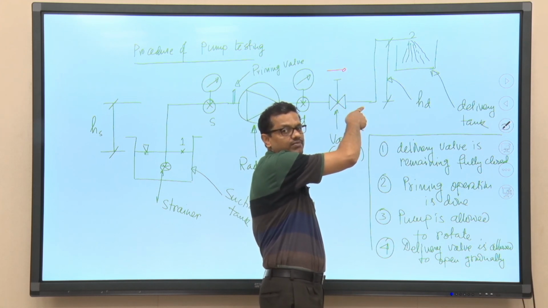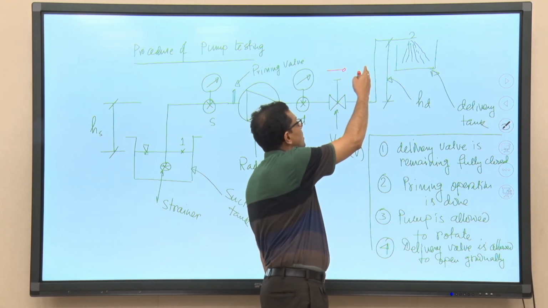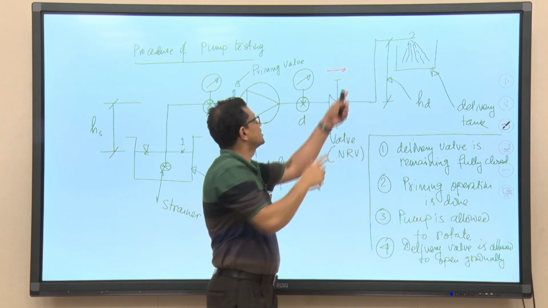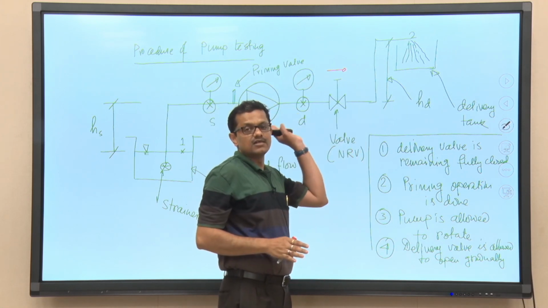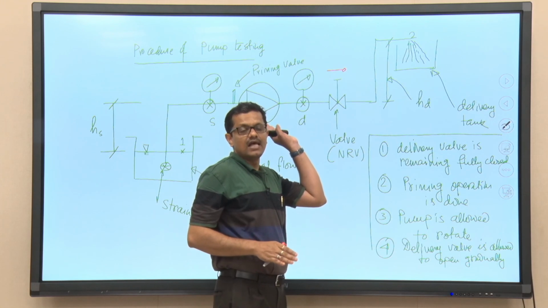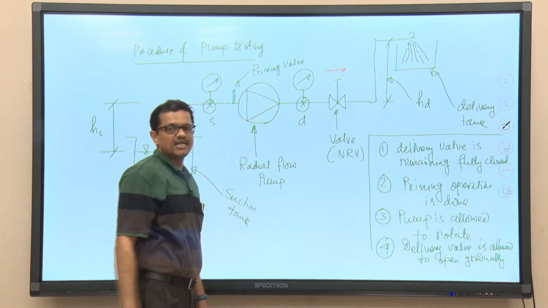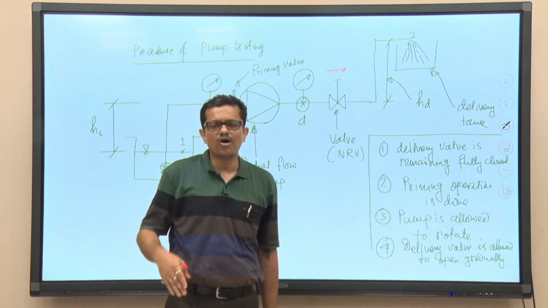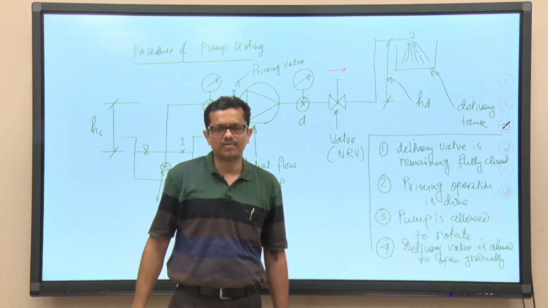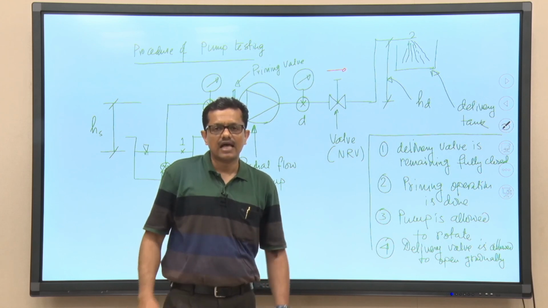So, this is a one-way valve. This valve will not allow backflow from this pipeline to the pump, which could strike the impeller and create operational issues for the bearing. So, that can be avoided.